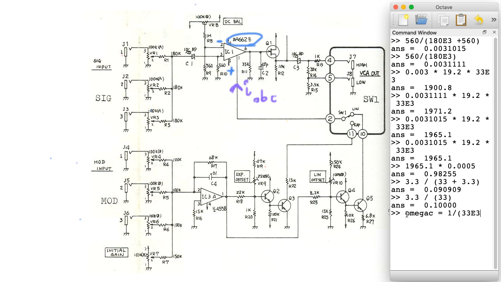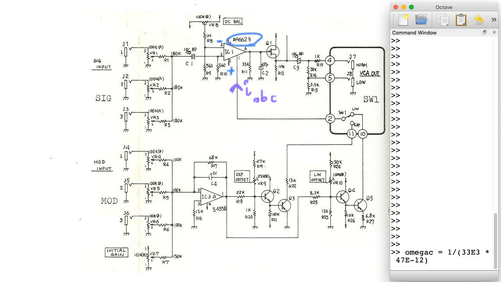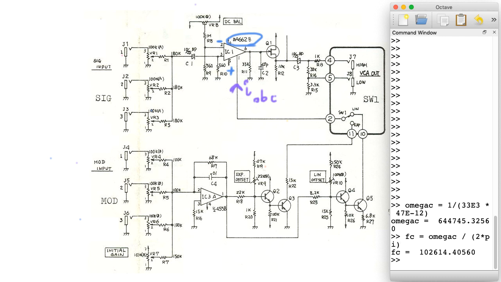Our R is 33K, and our C is 47 pico, so that's 47 times 10 to the minus 12. Here's 1 over RC. And now let's take that omega C and divide it by 2 pi to get our half power cutoff in hertz. And that's 100K. So that's well above the range of human hearing.